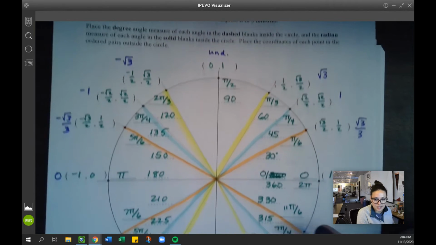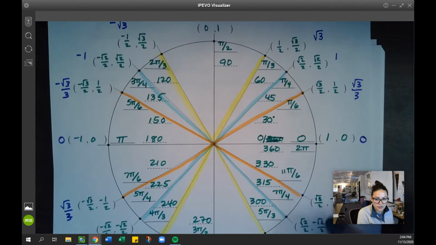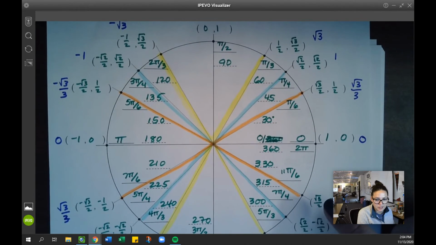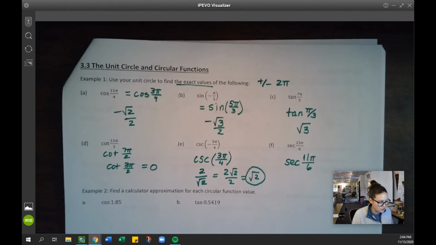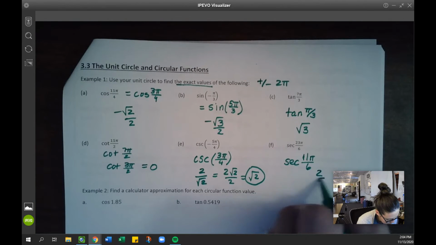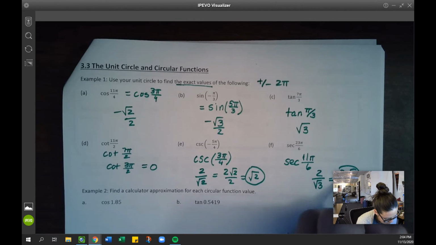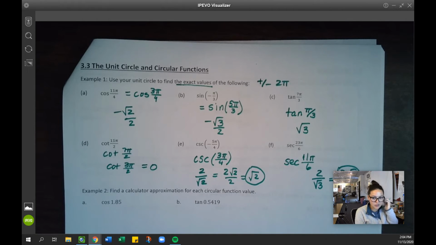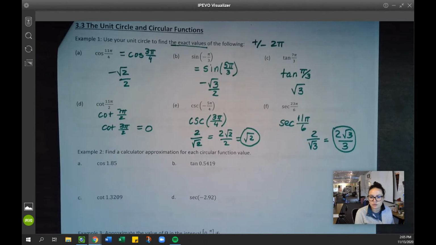Here's 11 pi over 6. The cosine of 11 pi over 6 is square root of 3 over 2. So I'm going to flip that and then rationalize. So that's my answer there. Oh, you can't see that. 2 square roots of 3 over 3.